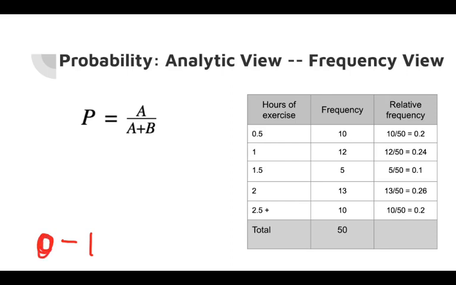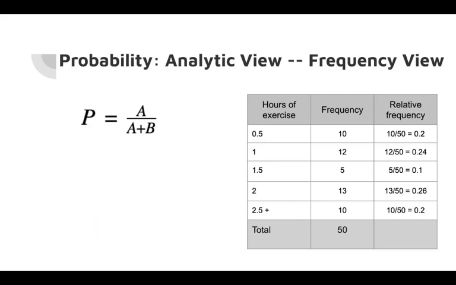Where 0 is that the likelihood of the event occurring is 0. It's impossible. To 1 being that the likelihood of that event is 100%.